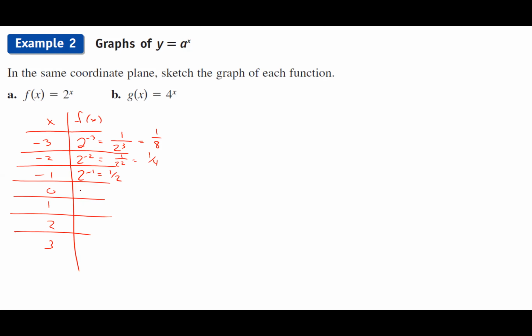Anybody, 2 to the 0 power? 1, yes, any number to the 0 power is 1. 2 to the 1 is a 2. 2 to the second is 4, and 2 to the third is an 8. And notice the little pattern that we have here, right? The difference between the +3 and the -3 is a reciprocal difference of 8 and 1/8.